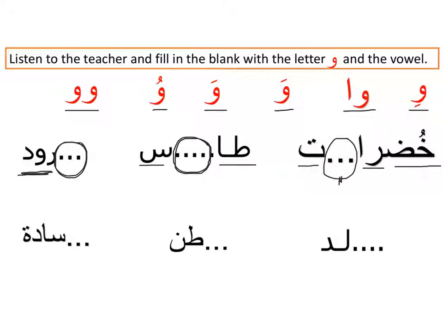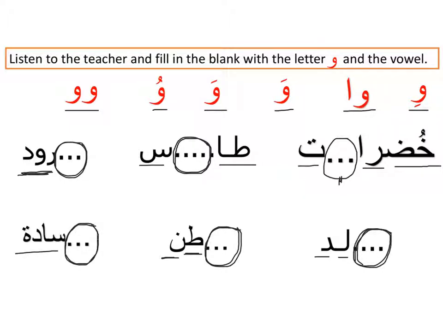Next one is walad. The missing part is wa, simple wa. Then watan. Last one is wisada. The missing part here is we.